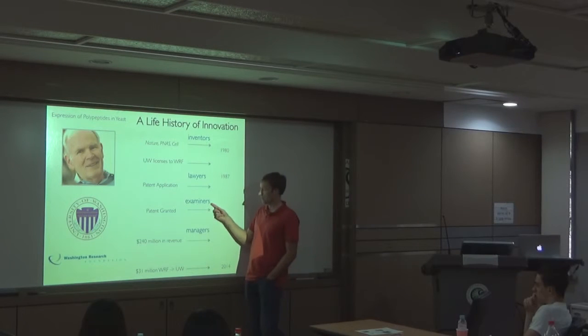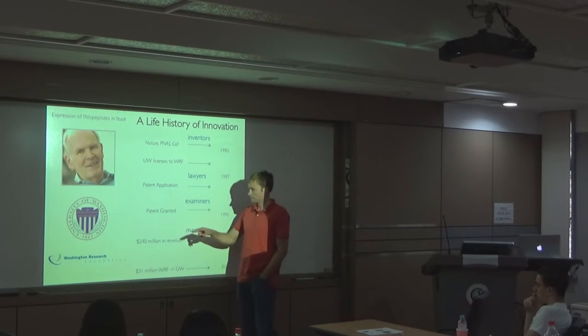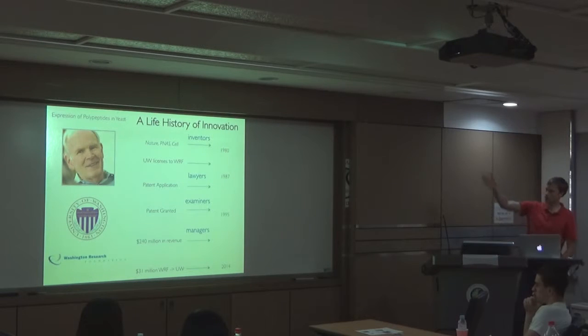It was then licensed to managers at major biotech companies like Genentech and Amgen. Our university has generated $300 million through this one idea. This one idea was spectacular, but it's also an idea that took a long, long time.